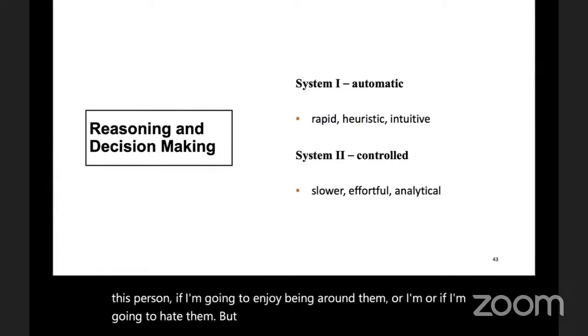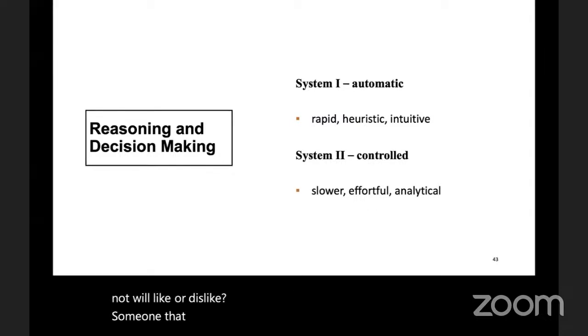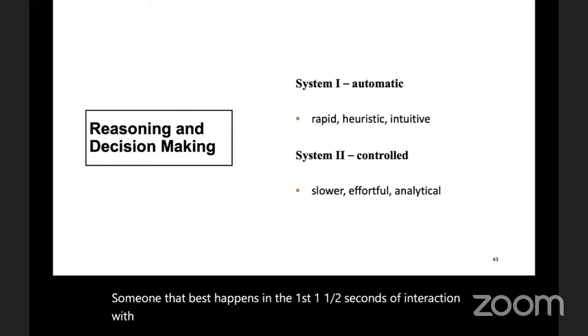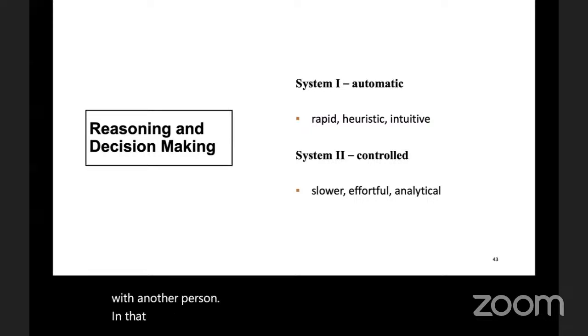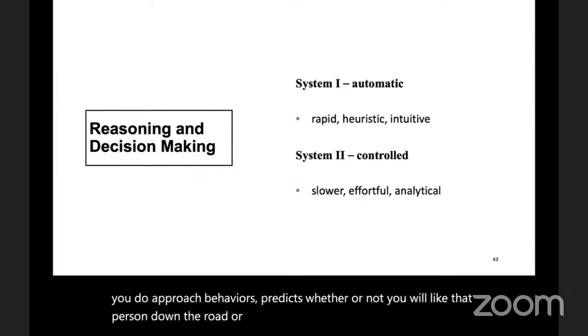But actually, what predicts whether someone will like or dislike someone the best happens in the first 1.5 seconds of interaction with another person. In that 1.5 seconds, whether you do some withdrawal behaviors or approach behaviors predicts whether or not you will like that person down the road or dislike that person down the road.